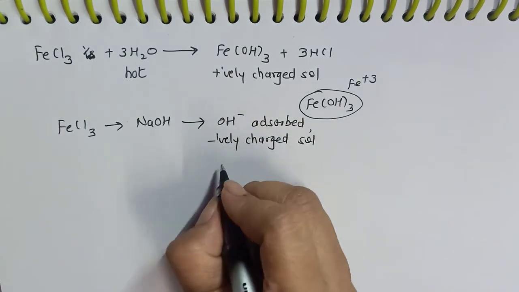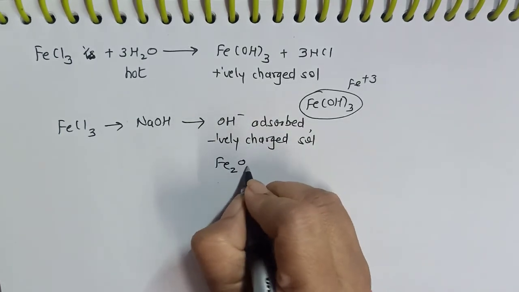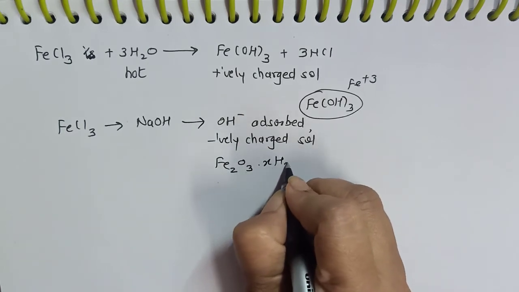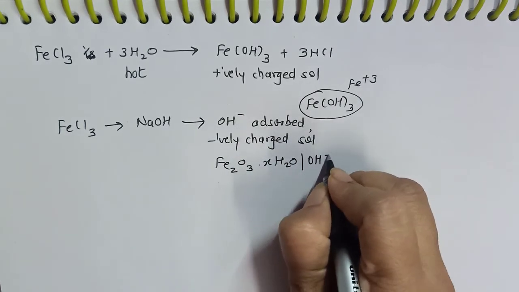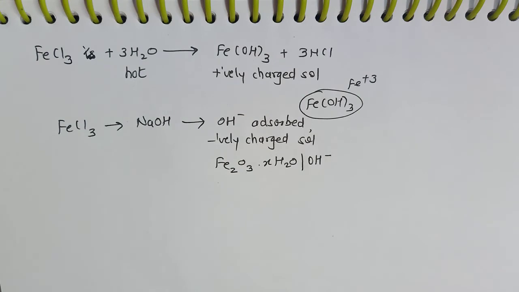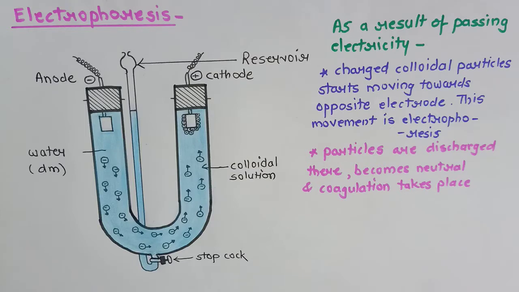I can write the double layer in the form of Fe2O3·xH2O and it adsorbs OH- ion. So these are the two different cases where in one case we get a positively charged sol and in another case a negatively charged sol. Now let us move on to the next property.